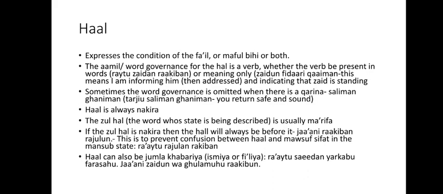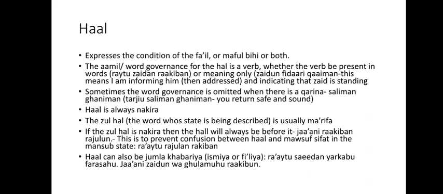So the hal is brought before it to prevent confusion between hal and mawsuf sifat in the mansub state. For example, if I said ra'aytu rajulan rakiban, then here it could mean I saw a riding man. It doesn't explain the state of the man during the action.